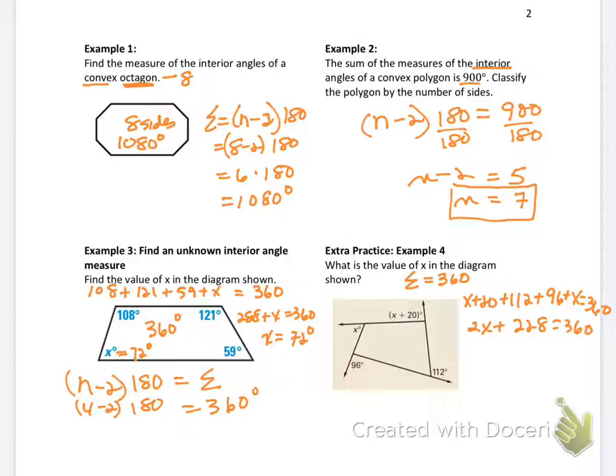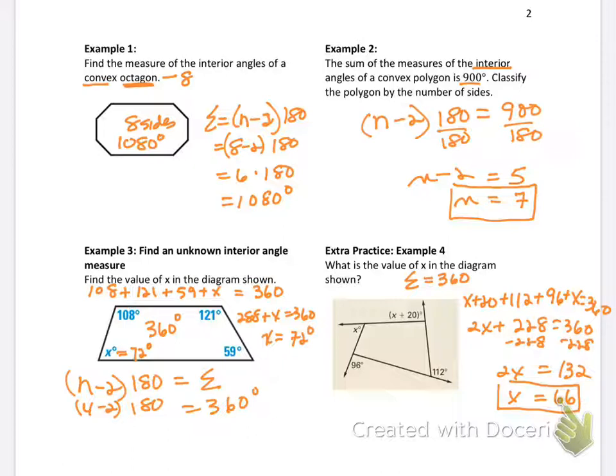Do some math. So 360 minus 228 gives me 132. So 2x equals 132, so x will equal 66. Okay, so that's how we handle that.